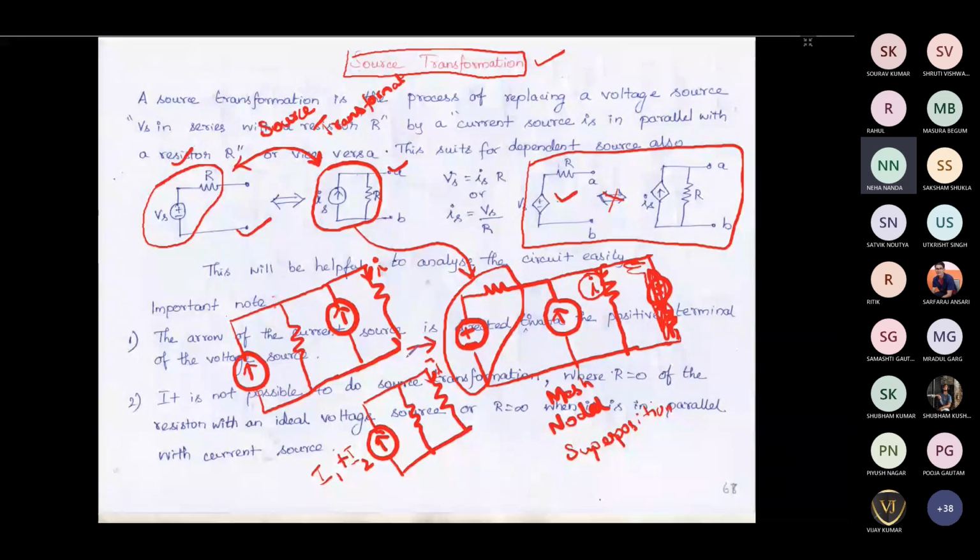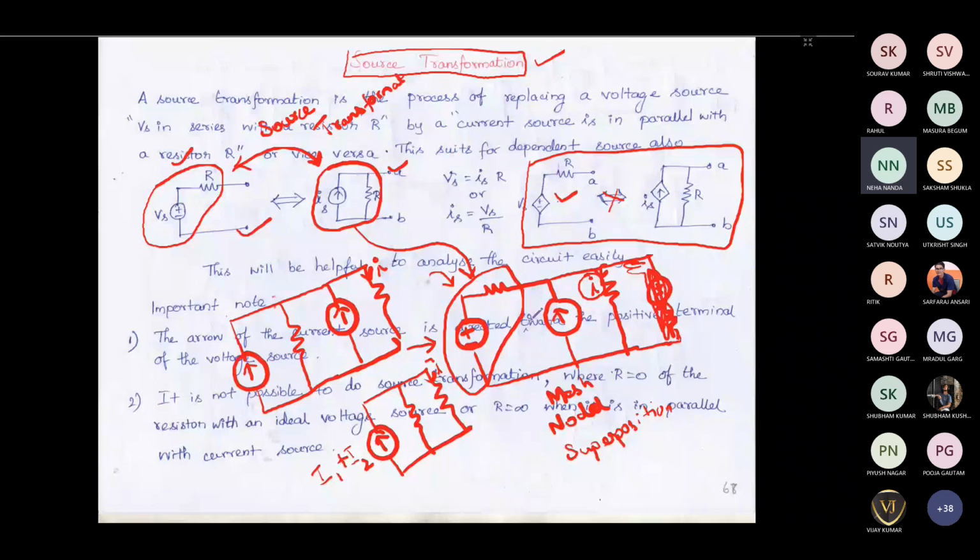So what we did: we had a resistor with a voltage source in series, and you have a certain circuit like this. Obviously, you can find the current through this resistor using mesh analysis, nodal analysis, or the superposition theorem. But if the circuit is bigger, let's say you have 4 or 5 meshes or 4 or 5 nodes, then applying mesh, nodal, or superposition will become a more time-consuming process.